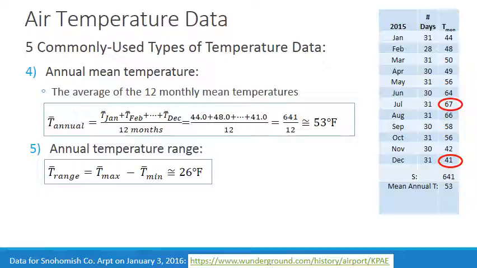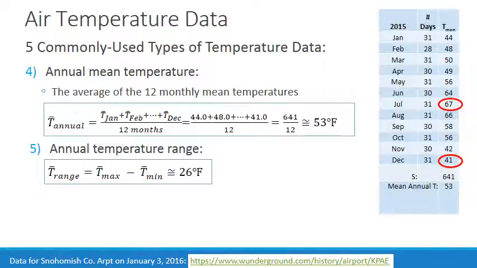The last two commonly used types of temperature data are the annual mean temperature, which is determined by adding the 12 monthly mean temperatures and dividing by 12, the number of months in a year. And the annual temperature range, which is determined by subtracting the lowest monthly mean temperature from the highest monthly mean temperature.